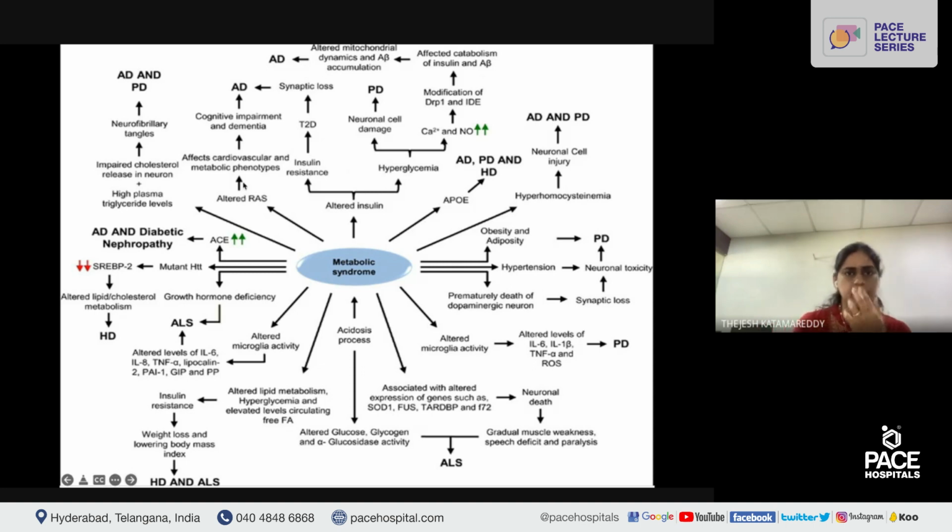Altered RAS factors will lead to cardiovascular and metabolic phenotypes, leading to cognitive impairment and dementia. Metabolic syndrome has high plasma triglyceride levels and impaired cholesterol release in neurons, leading to neurofibrillary tangles, and this leads to Alzheimer's and Parkinson's disease. Likewise, all these metabolic processes involved in metabolic syndrome will lead to neuronal toxicity and accumulation of these proteins in the cell, leading to neurodegenerative diseases.